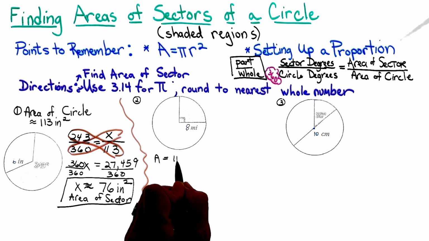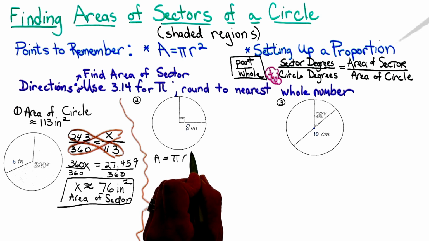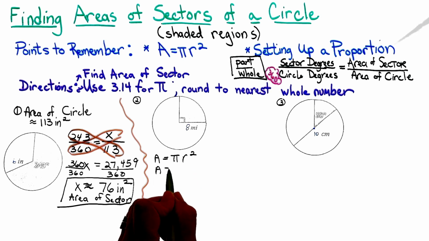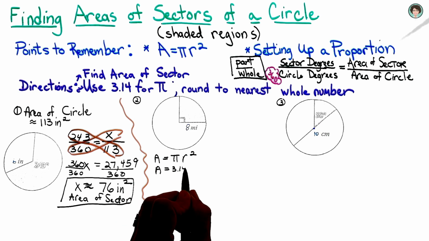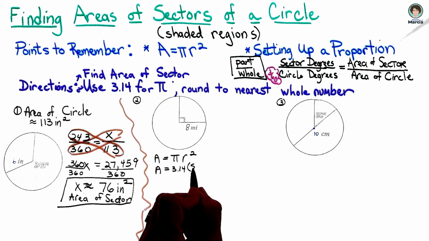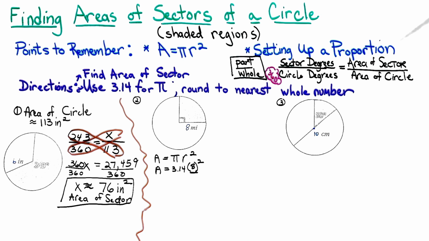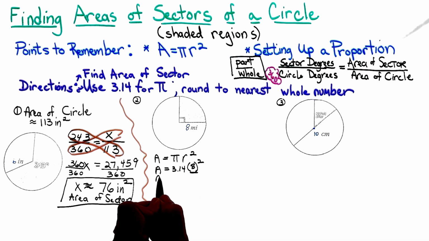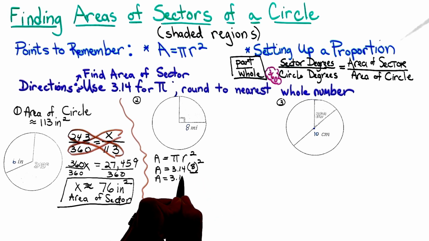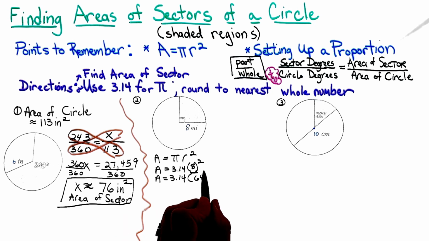We know we must start off by area is equal to pi r squared. Well, our area is going to be equal to, again, this is for the whole circle, 3.14. And I see I have a radius here of 8, and we're squaring that. Well, you know, order of operations, we must go ahead and do that first. So area is equal to 3.14, and 8 times 8 is 64.